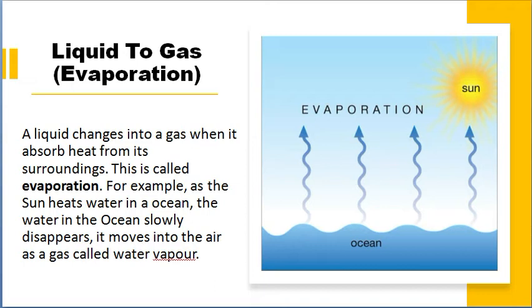I repeat, a liquid changes into a gas when it absorbs heat from its surroundings. This is called evaporation. For example, as the sun heats water in the ocean, the water in the ocean slowly disappears. It moves into the air as a gas called water vapor. This is how evaporation is done.